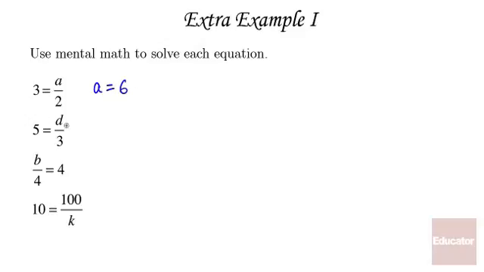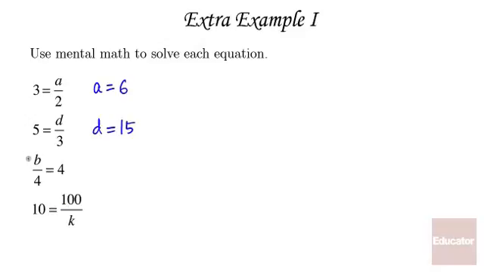Okay? And same thing here. So a number divided by 3 is going to give you 5. So 15 divided by 3 is 5. That means the variable d is equal to 15. A number divided by 4 is 4.